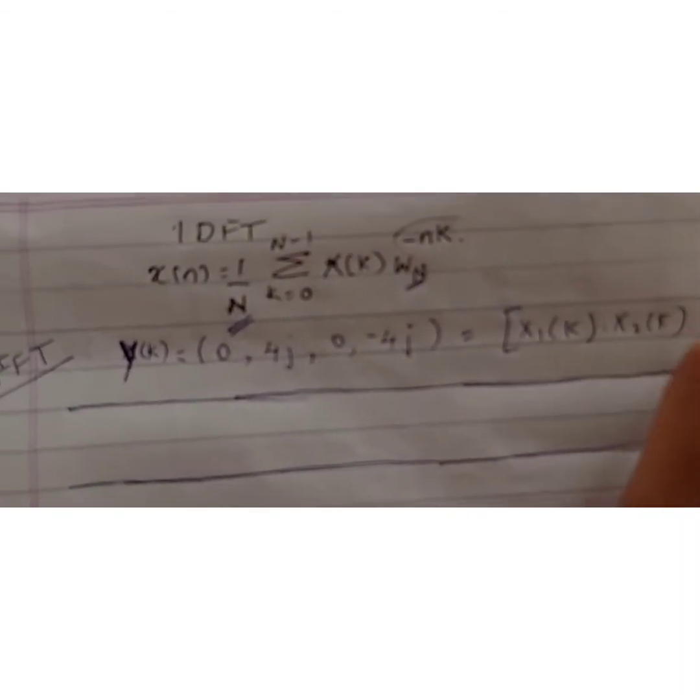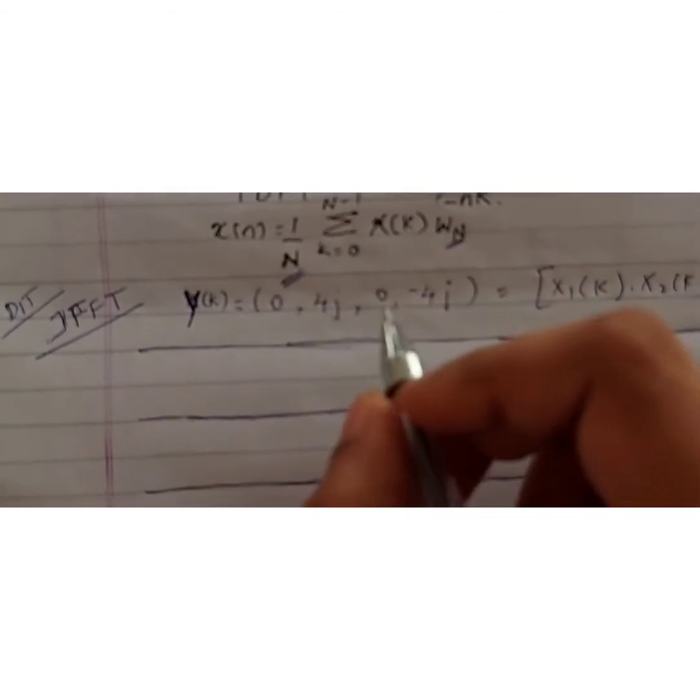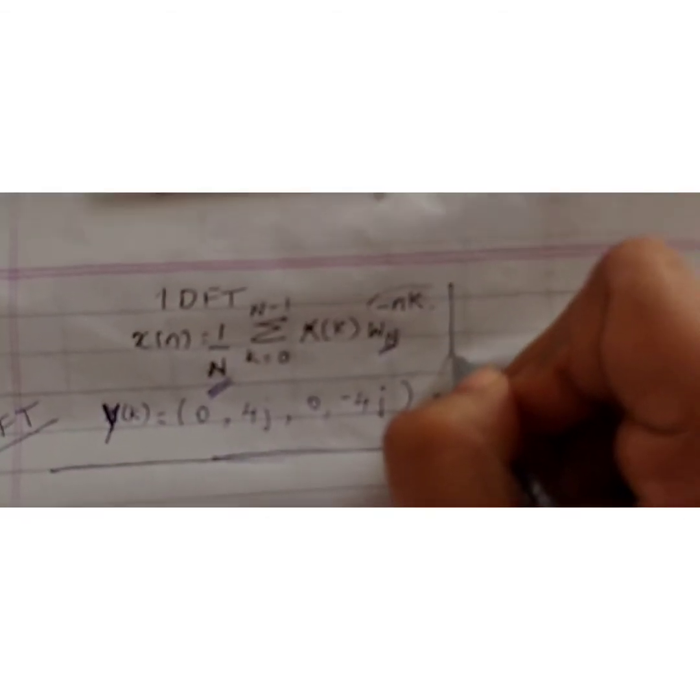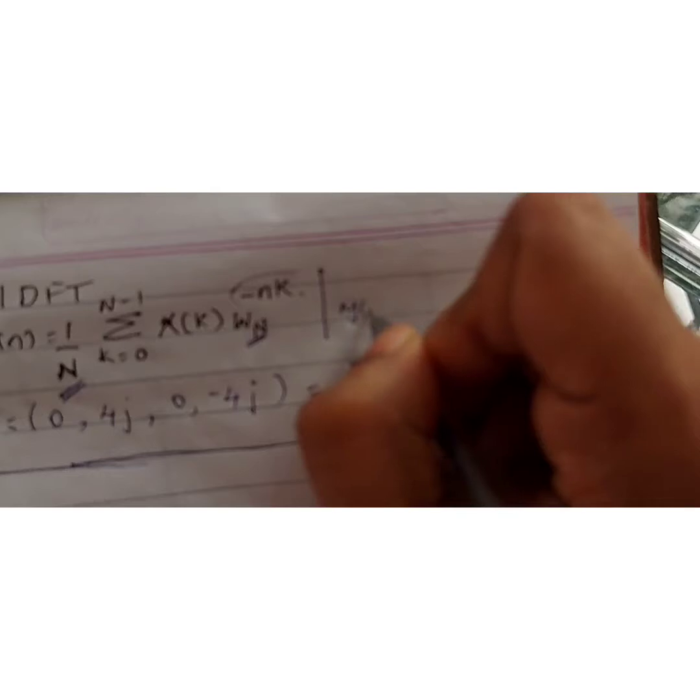You write it as Y of k, no problem. Y of k was nothing but X1 of k into X2 of k. So your equation, instead of x of n, customized to this, you are actually finding out y of n here.